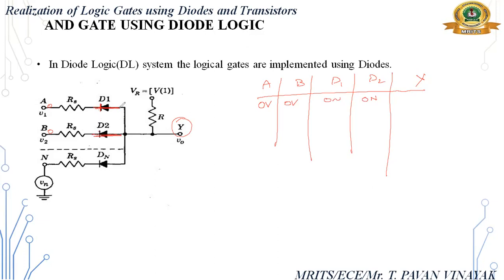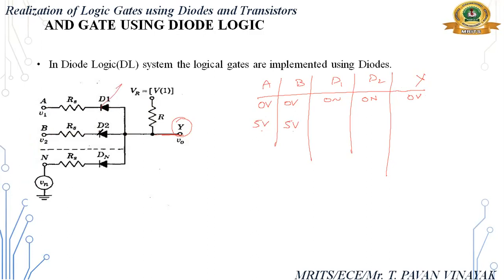Whenever a diode is on, the current goes like this to ground. So then the output is ground, and the voltage will be 0 volts. Whenever I give both 5 volts, what happens?